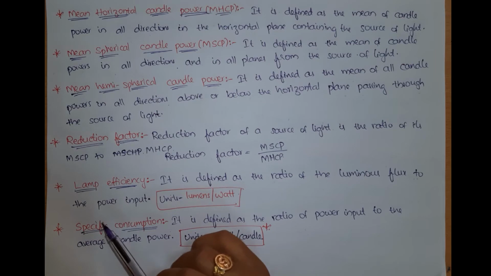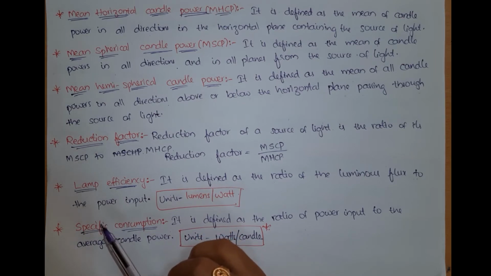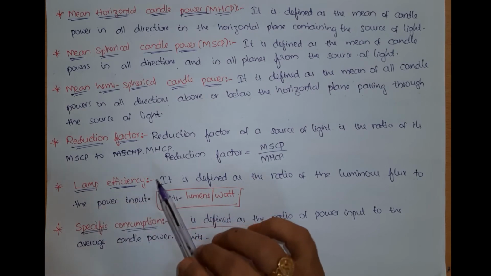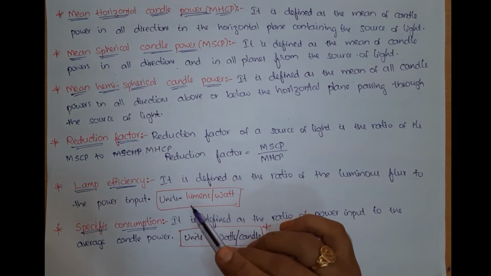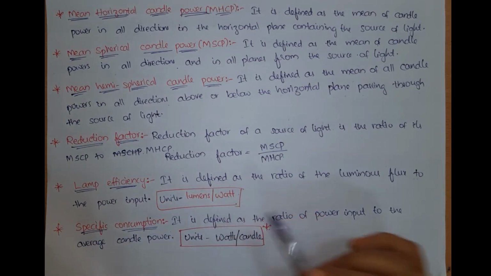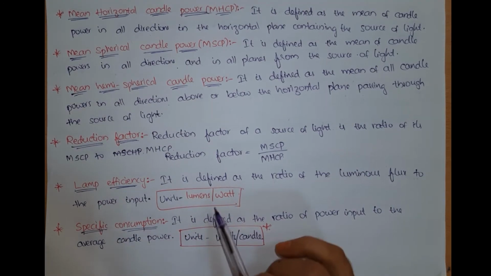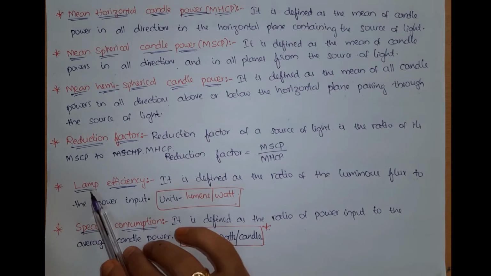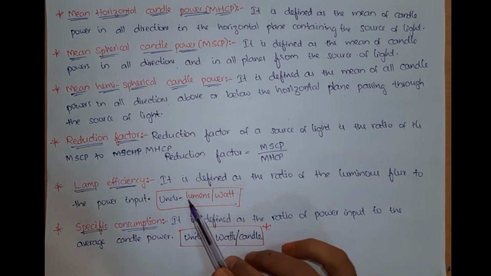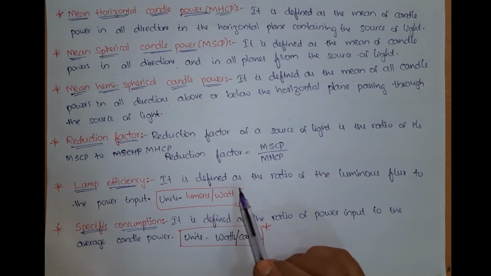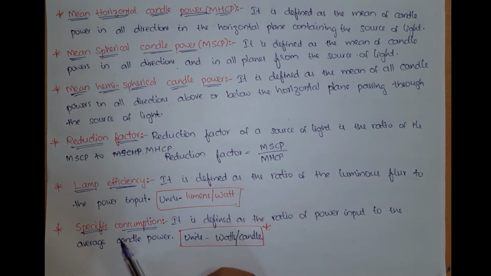How much of the input we are giving to the source it is utilizing, that is lamp efficiency. Its unit is lumens per watt, as luminous flux is measured in lumens and input power is measured in watts.